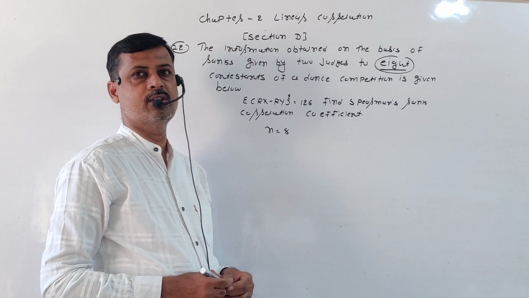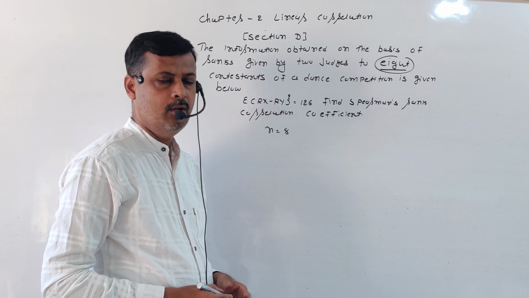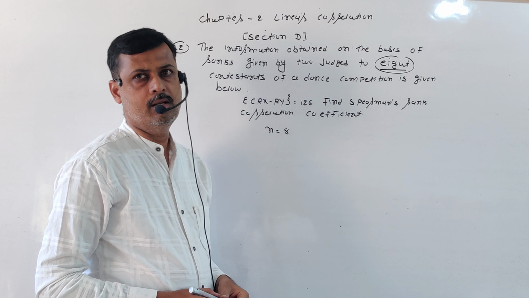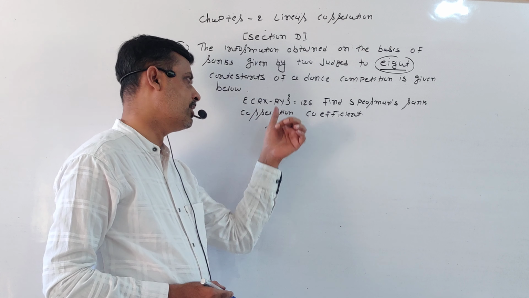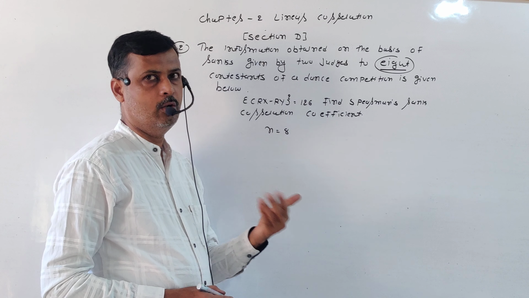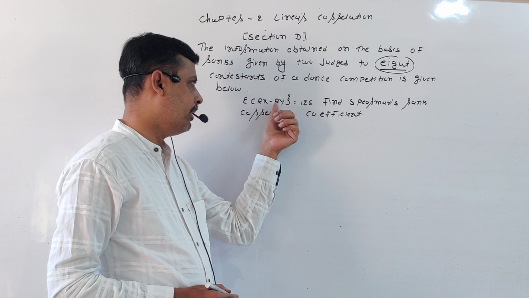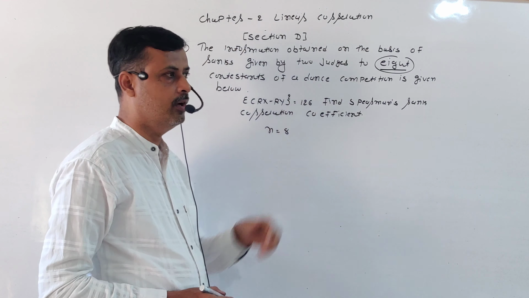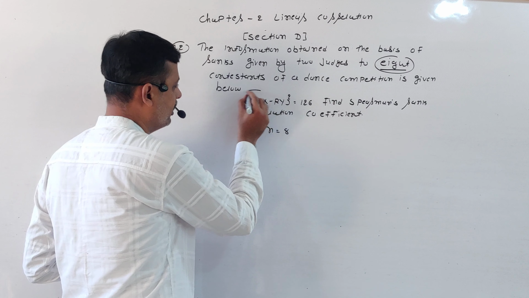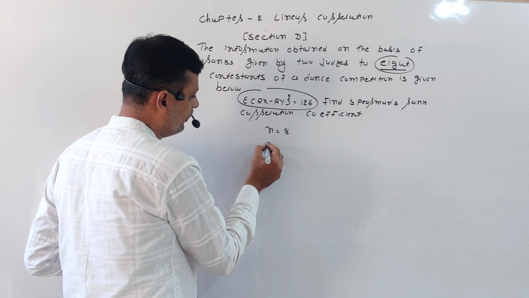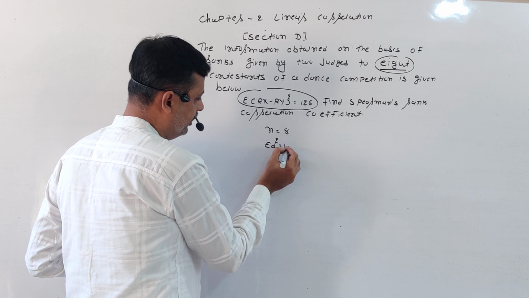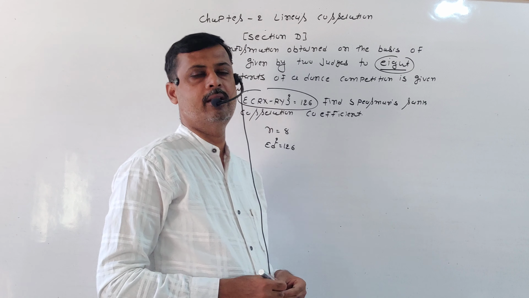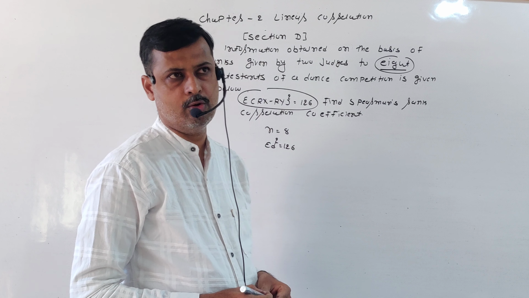Now 2 judges have given ranks. The first judge's rank is Rx, the second judge's rank is Ry, and we all know that Rx minus Ry becomes D. So sigma D square is given as 126, and we have to find Spearman's rank correlation coefficient.